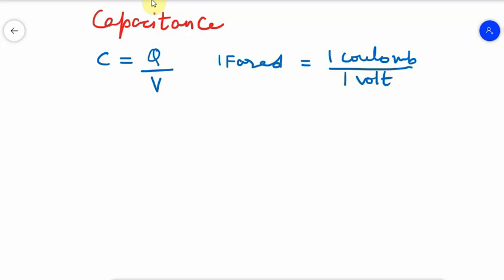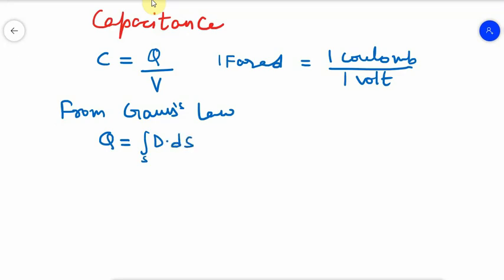Now as the charge resides only on the surface of the conductor, from Gauss law, Q equals the surface integral of the electric flux density, D dot dS.